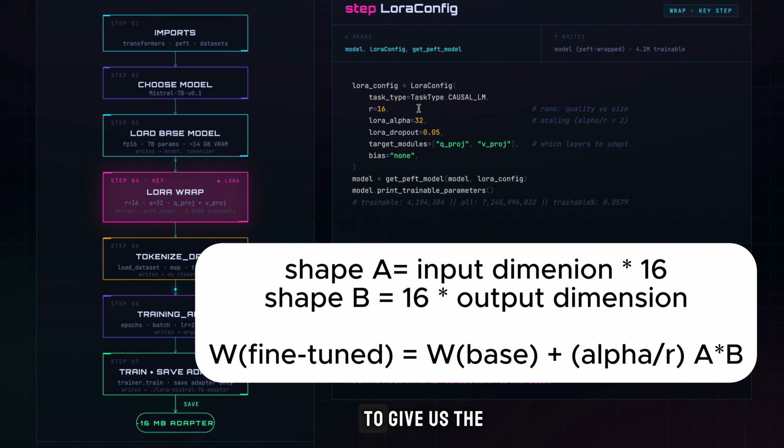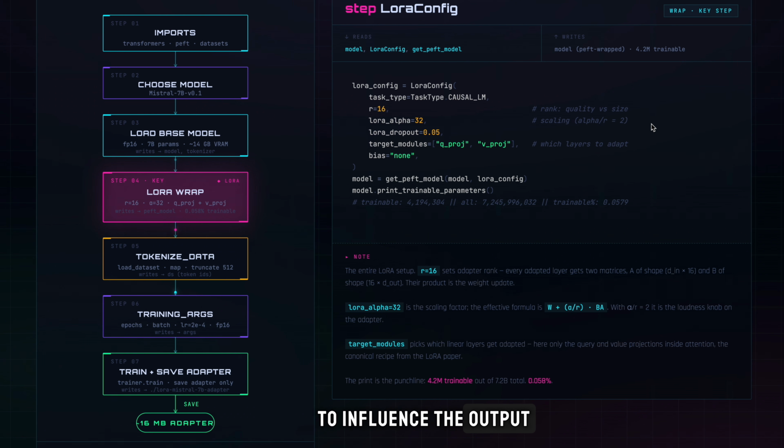Their product is going to give us the weight update. We set the LoRA alpha to 32, and this is a scaling factor. The effective formula at inference time is W plus alpha over R times B times A. With alpha over R equal to 2, it controls how strongly the adapter is going to influence the output.